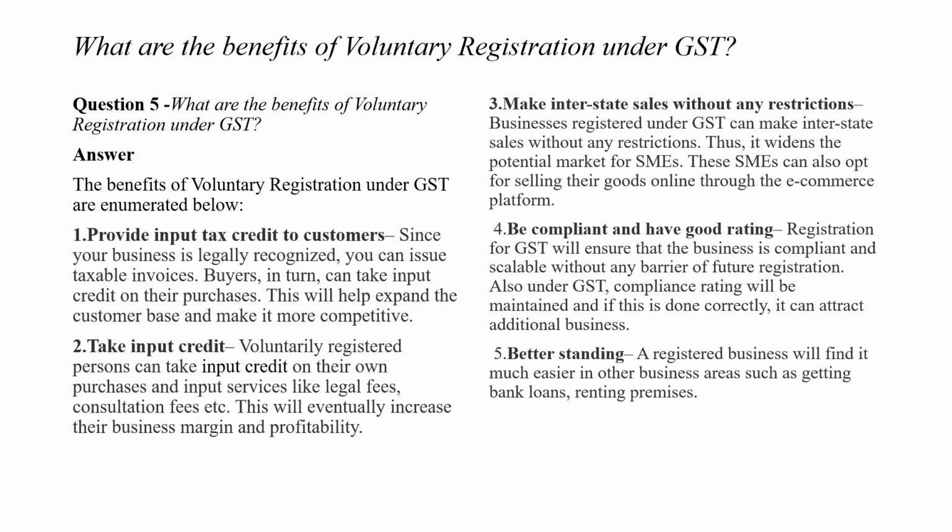Businesses registered under GST can make interstate sales without any restrictions. Thus, it widens the potential market for SMEs. These SMEs can also opt for selling their goods online through e-commerce platforms.